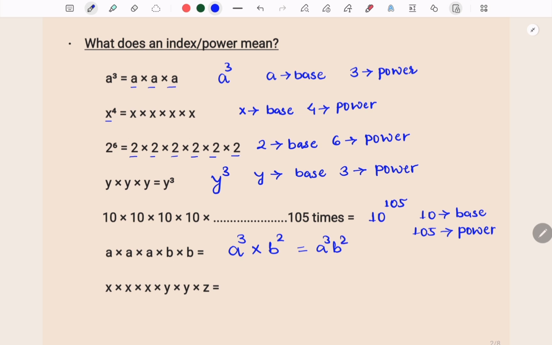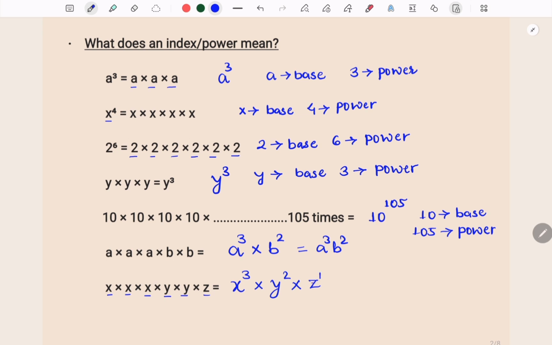Next example, we have x being multiplied by itself 3 times, y being multiplied by itself 2 times, and a z. So we have x raised to the power 3 multiplied by y raised to the power 2, and then we have z raised to the power of 1.